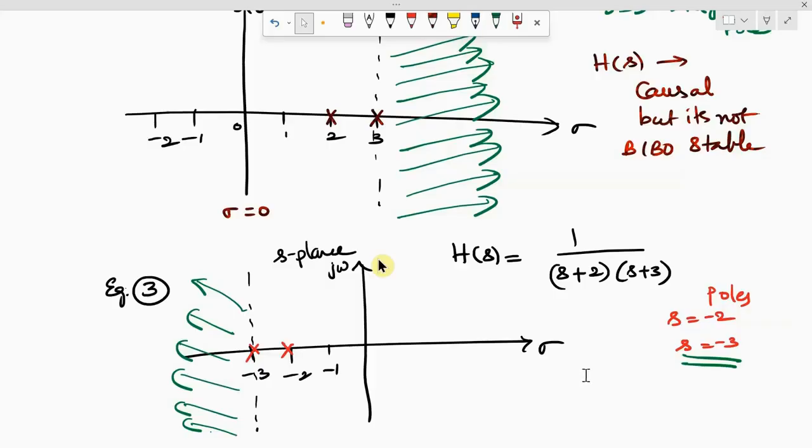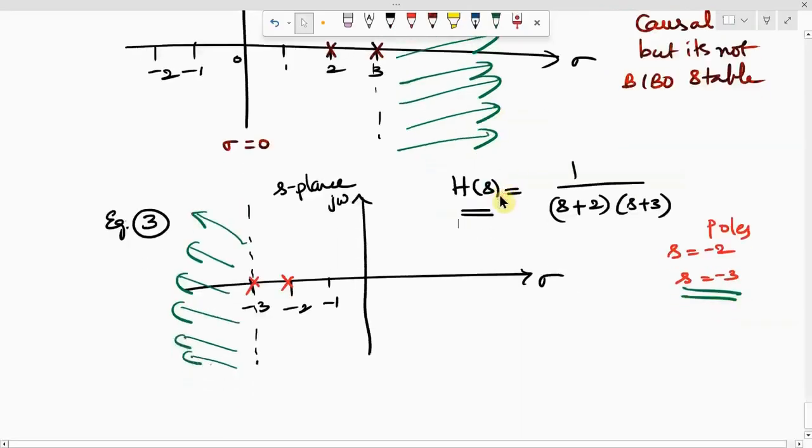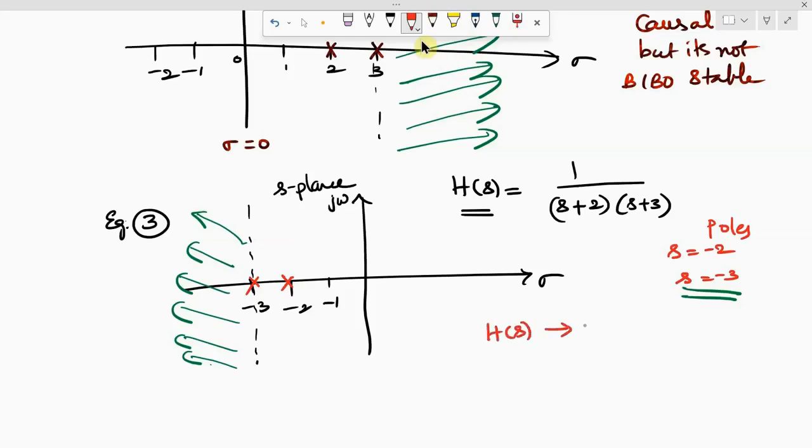Now tell me, is this system H of s represented by these two poles and having the ROC like this causal? No, sir. This system is not causal because the ROC is left of the leftmost pole. So H of s is not causal.